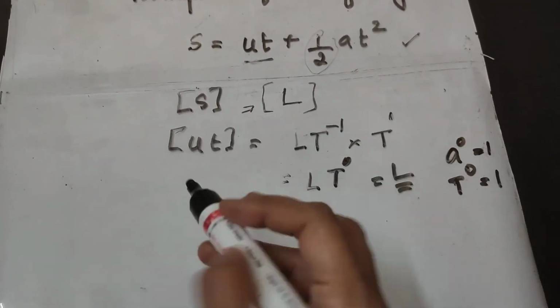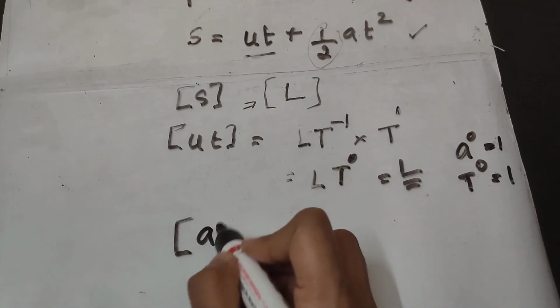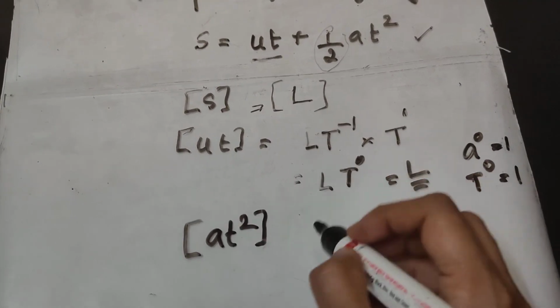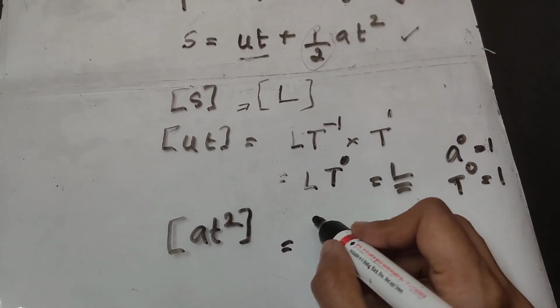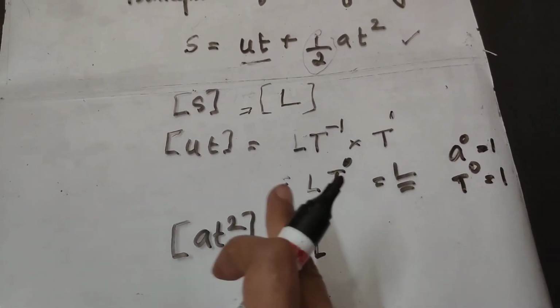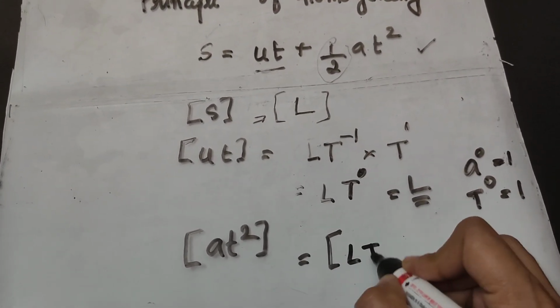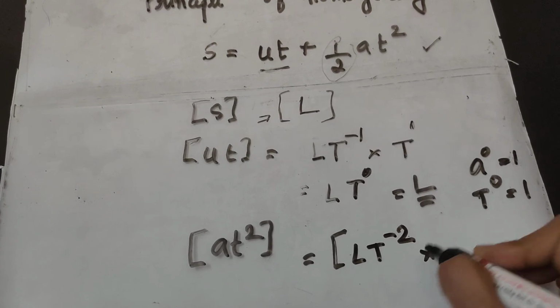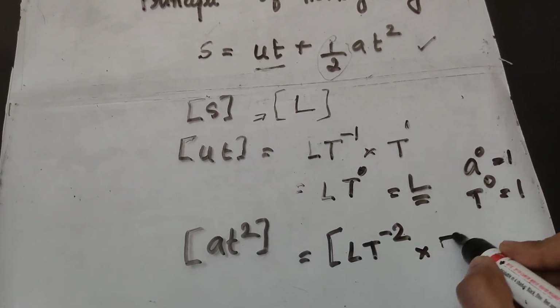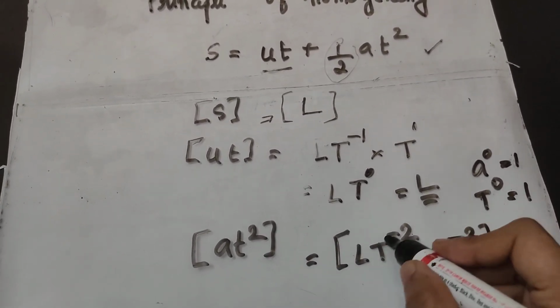Then the last term is at square, right? At square, which is equal to a into time square. a is acceleration. Its dimension is L t raised to minus 2 into t square.